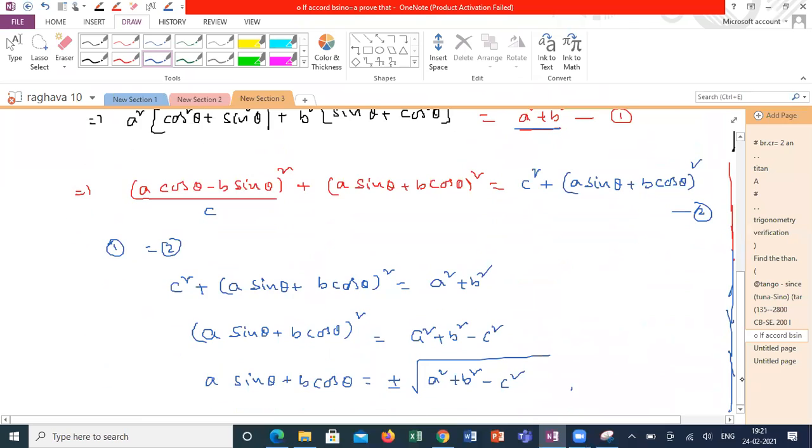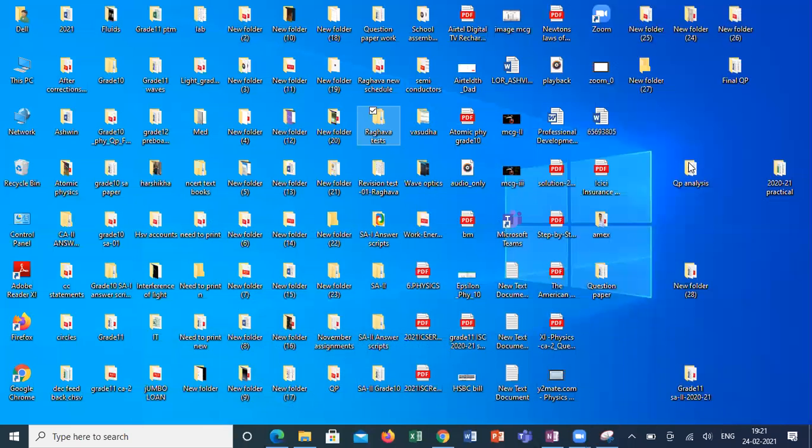We have 3 categories. They may ask the questions from 3 levels. I will show you the 3 categories, how they will ask the questions.